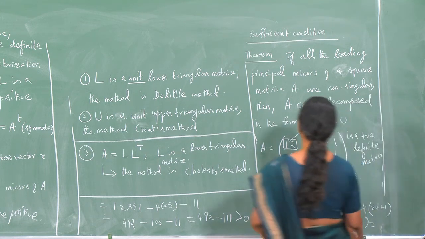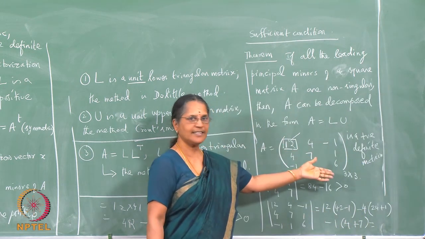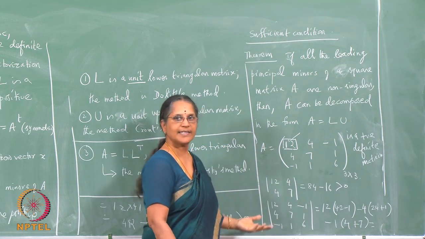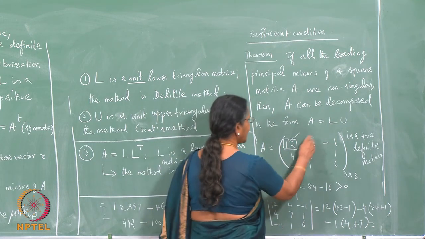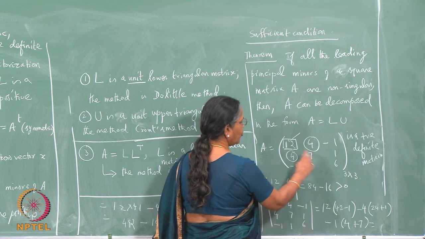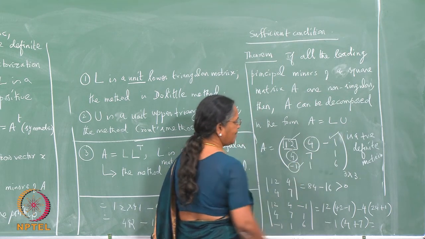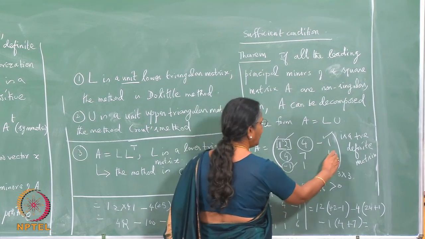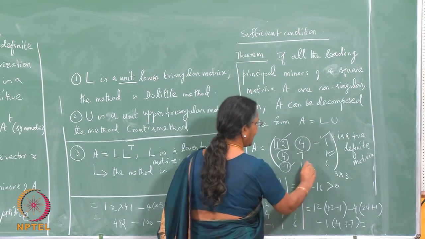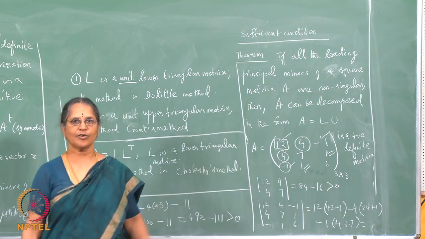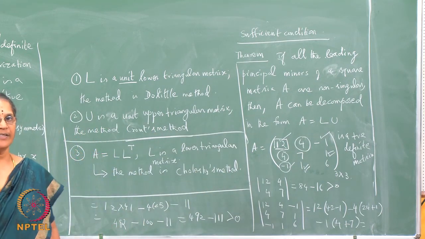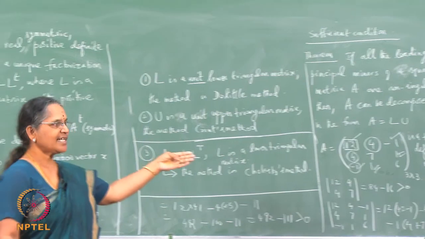And let us check whether it is a real matrix. Yes. Is it a symmetric matrix? Yes. What do we see? This is A12 and that is A21. This is A13 and this is A31, it is the same as that. And A23 is the same as A32. So, this matrix is also a symmetric matrix. So, it is a real symmetric matrix.